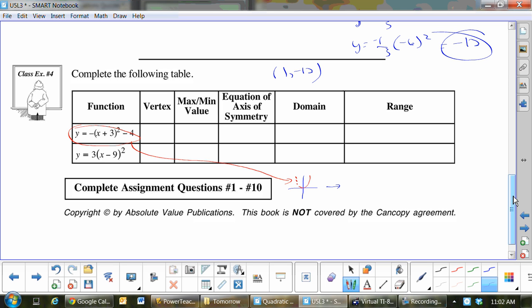No. Okay, so next would have been a reflection. So I did my negative. Okay, then what would have happened?